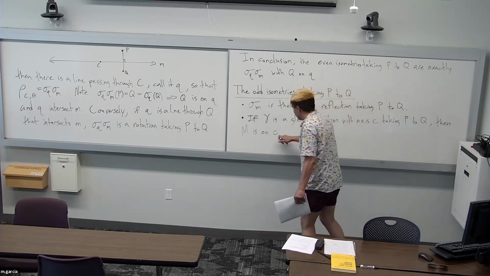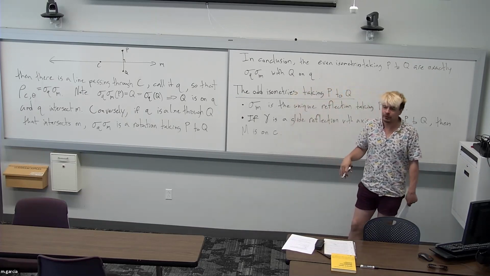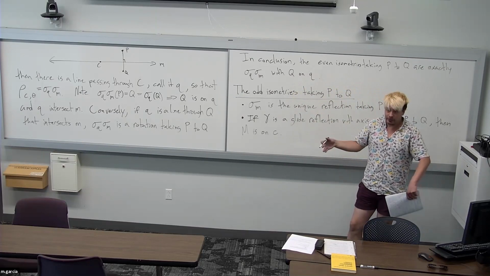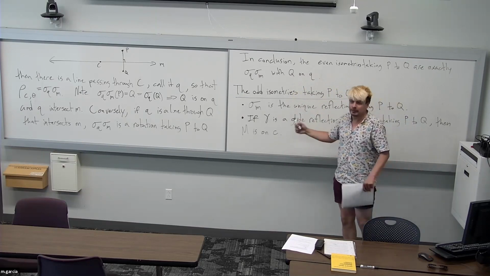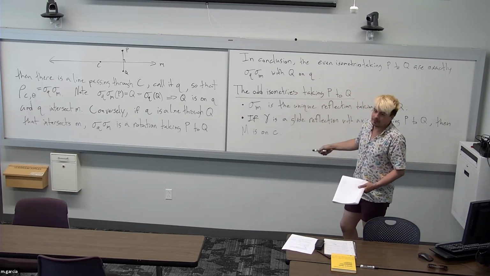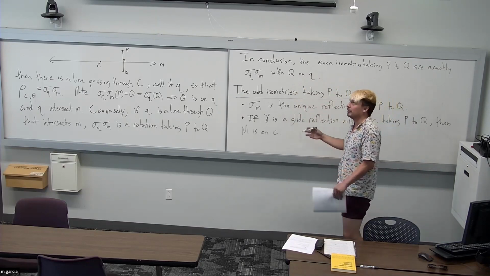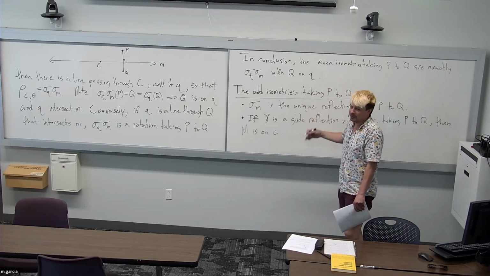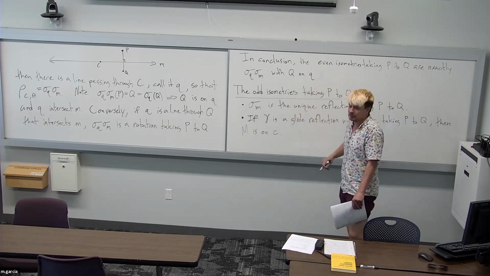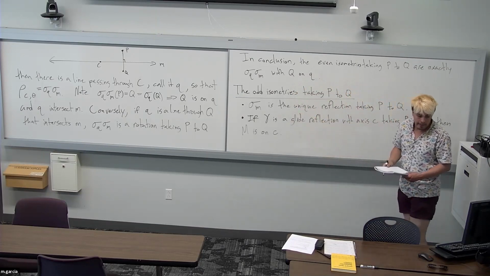If you go back and look at the first characterization of all the properties that we did of glide reflections, this was one of them: the midpoint of a point and its image under a glide reflection lies on the axis of that glide reflection. That's what I'm referring to here.